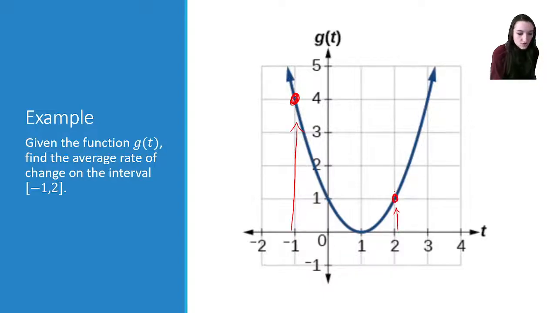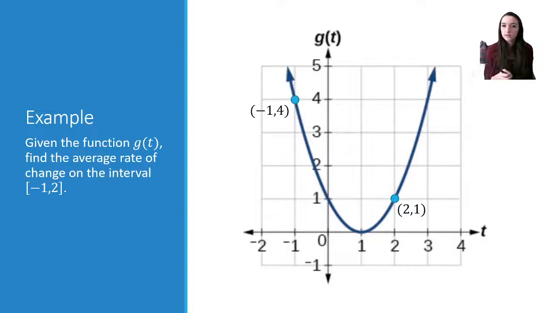And if I want to know what's happening on average between them, I'm going to use my average rate of change formula. So I find those 2 points, so -1, 4, and 2, 1, and I will plug into the equation. So notice that -1 and 2 are my t2 and my t1 in this equation, and then 1 and 4 are my g of t2 and my g of t1.